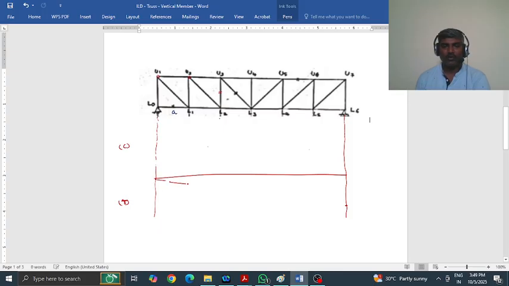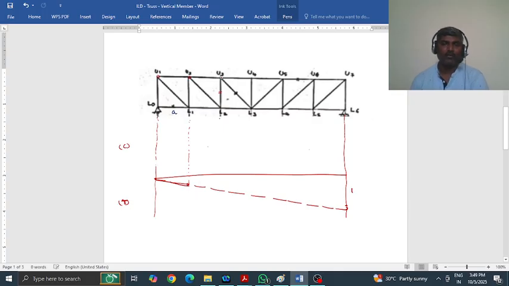Otherwise, you just go through the video that is made on how to plot ILD for reaction. So this is one unit. Now when the load is at U1, the value of RB is 0. When the load is at U2, the value of RB is this ordinate. So only for these positions, this is the ILD that you are able to plot.